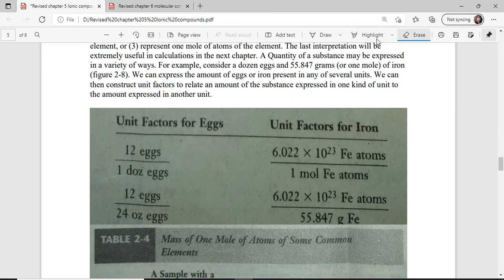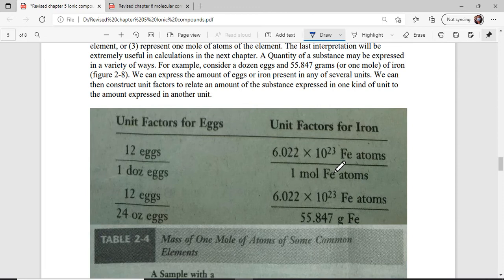Likewise with iron, if you have the Avogadro's number, it is equal to 6.022 times 10 raised to 23 Fe atoms. Therefore, you have 1 mole of Fe atoms, and in every one mole of Fe atoms there are 6.022 times 10 raised to 23 Fe atoms.